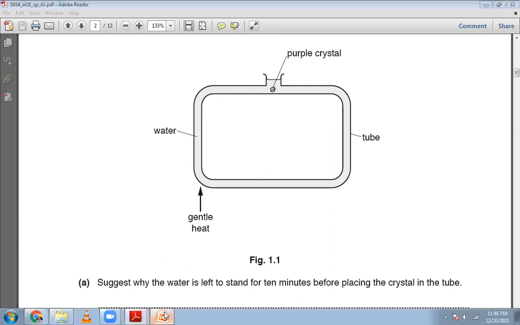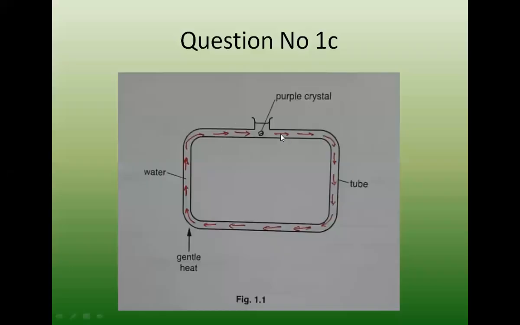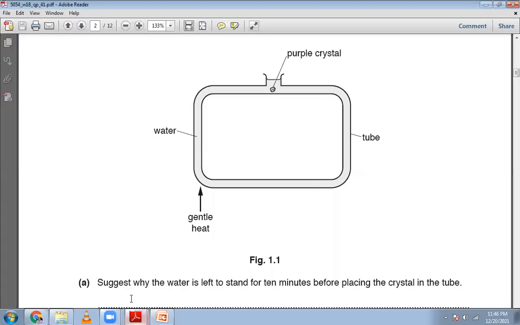Let me show you from here. You can see with the red arrows I have shown here how the purple color will spread in the water. Let's go to the next part.